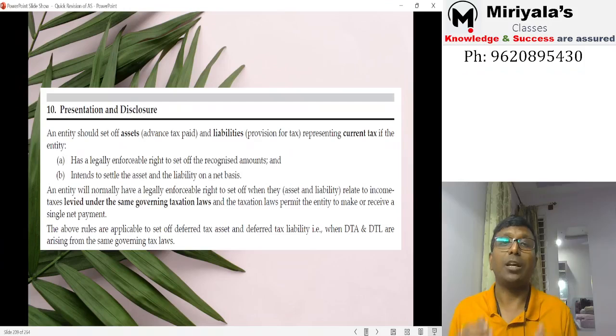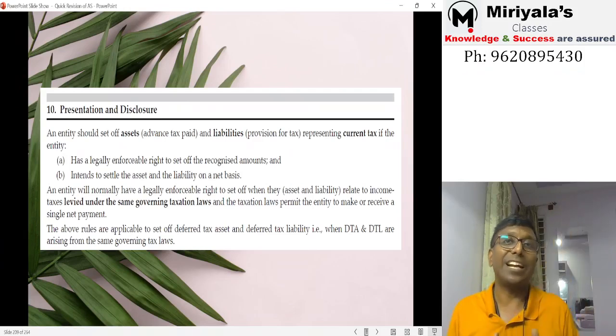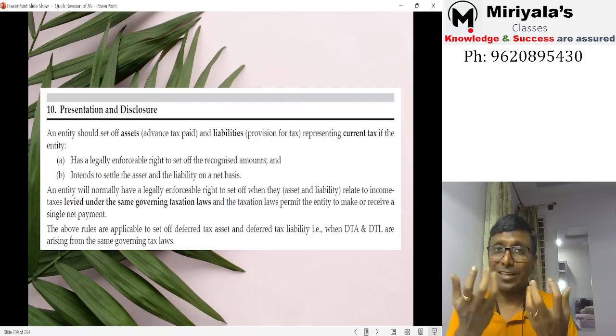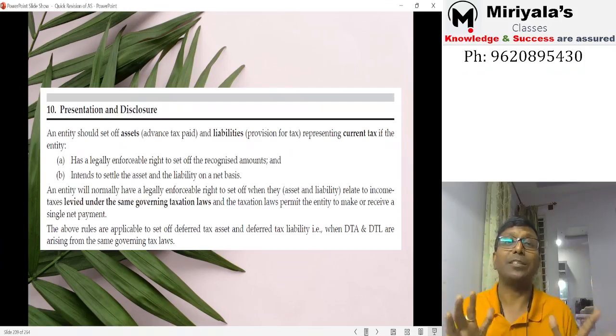At the same time, when my subsidiary is outside India, that tax is computed as per that country's laws and regulations. Even then, while consolidating, you are not supposed to offset. You are supposed to present the deferred tax asset and deferred tax liability separately. You should not offset. This is about Accounting Standard 20.